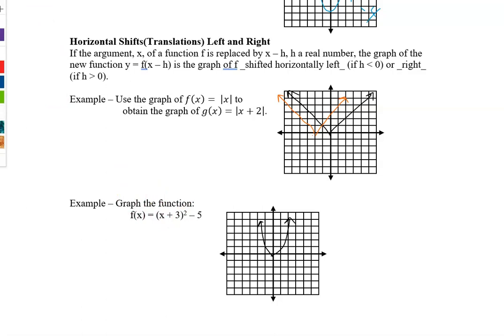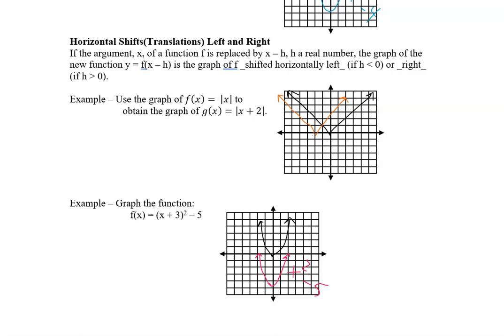The first transformation is going to be the minus 5. So the minus 5 tells me that we're going to shift down 5 units. So I'm going to take my graph here in black, and I'm going to shift it down 1, 2, 3, 4, 5 units. And there I have the graph of x squared minus 5.